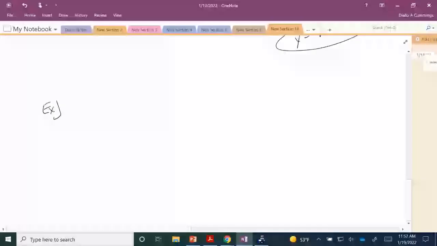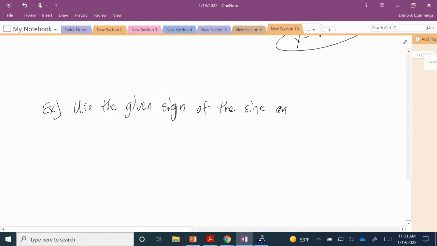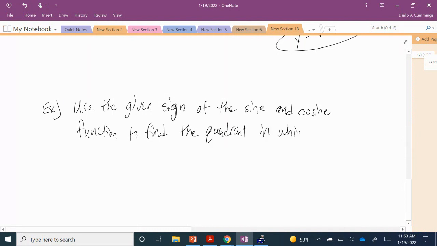Okay, so here's a question. Use the given sine and cosine values to find the quadrant in which the terminal point determined by t lies.